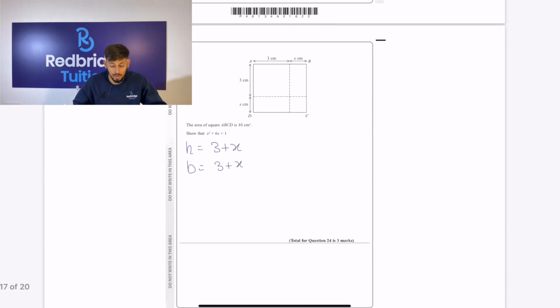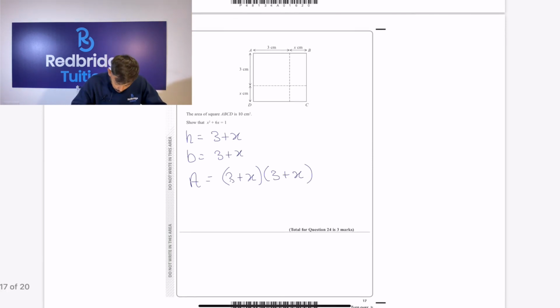Now to work out the area, we do 3 plus x, ensure that this is in brackets, times by 3 plus x. Now we need to expand these double brackets to obtain an expression. So I'll put my fish hooks in, 2 on the top, 2 on the bottom, and expand these brackets.